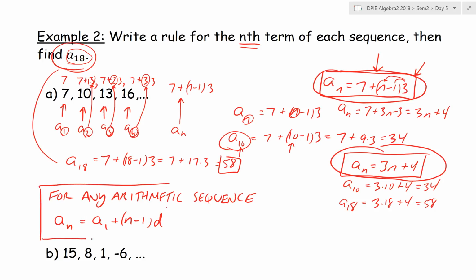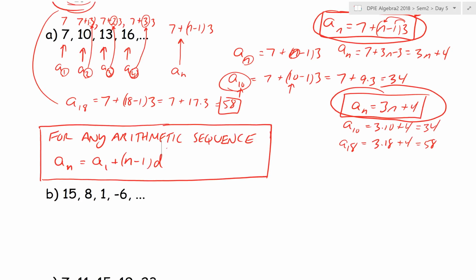So now we have a formula that we can use anytime we want the nth term formula for an arithmetic sequence. So let's try that on example B.